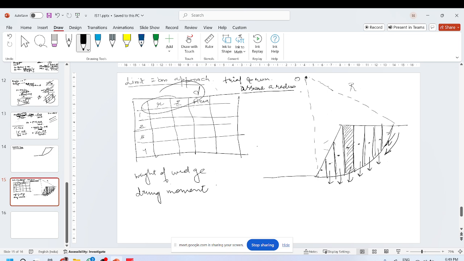I'll make these calculations. Okay, so when I make these calculations, this is what I will know.